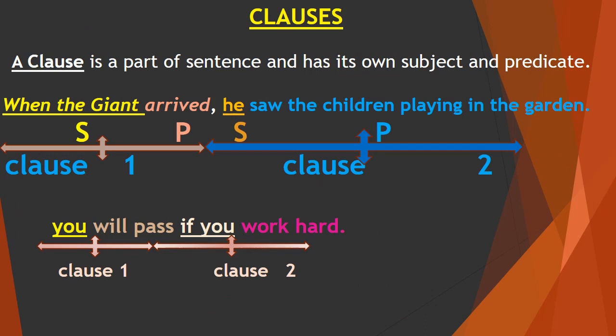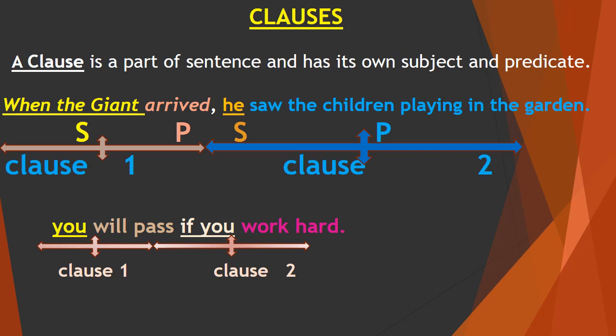Students, a clause is a part of a sentence and has its own subject and predicate. A sentence has its own subject and predicate. A clause also has its own subject and predicate. Then what's the difference?